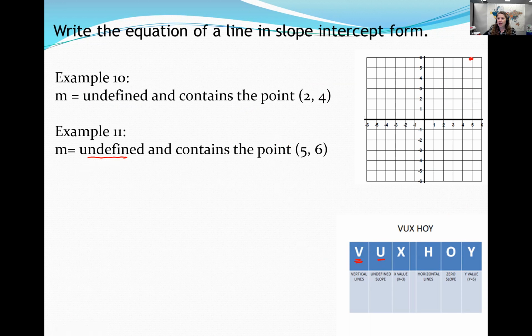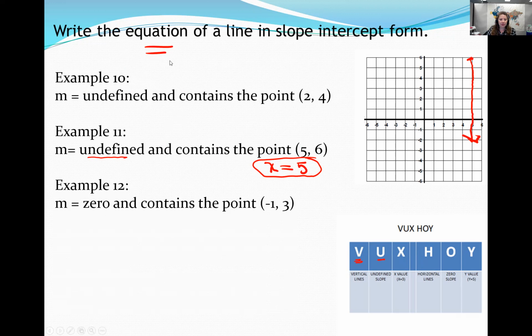A vertical line goes through that point and I could go in both directions forever. So that's what it looks like. That's the line, and my equation is x equals the x value of 5. That is the answer: x equals 5. That is the equation of the line in slope-intercept form.